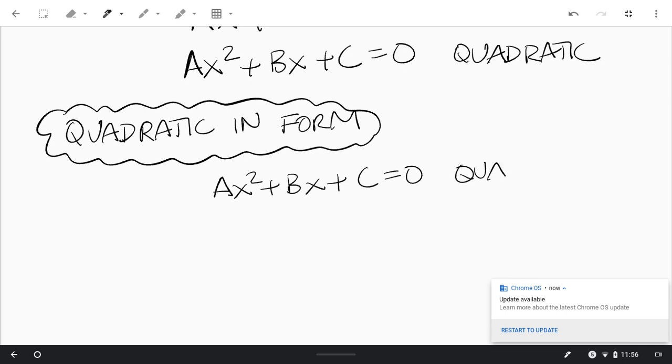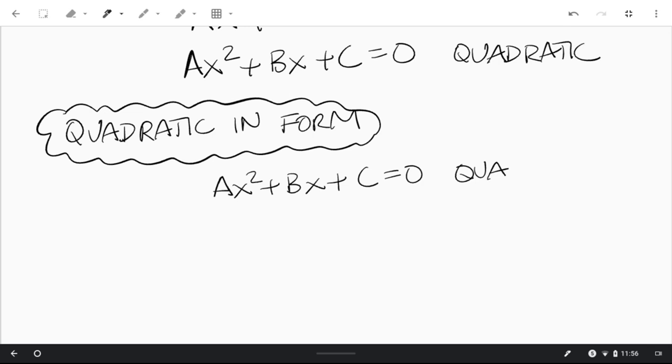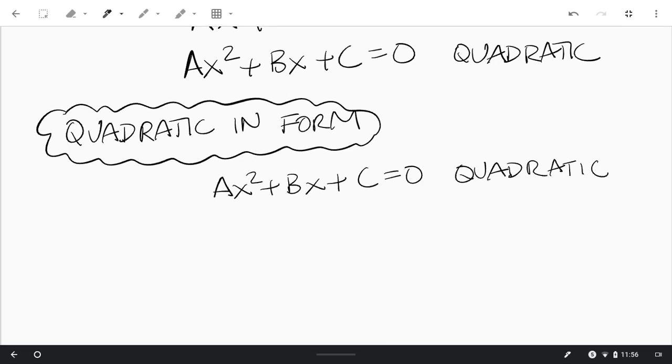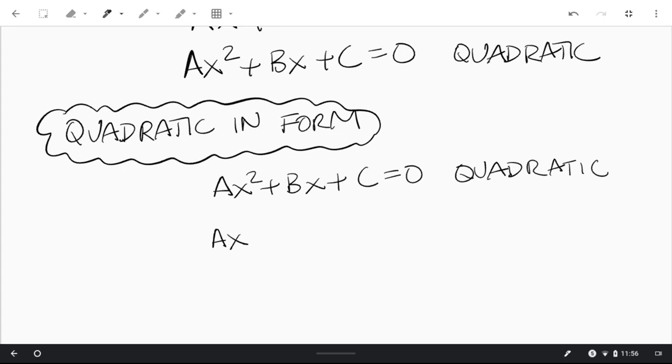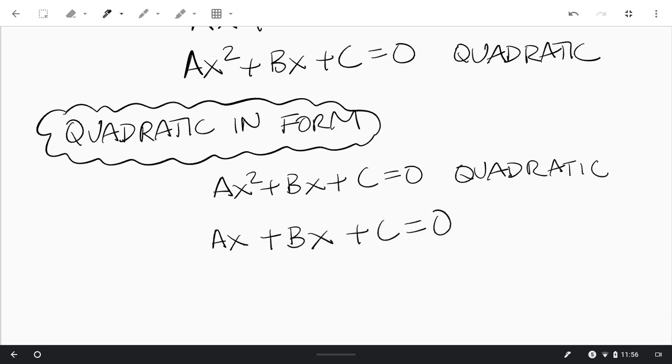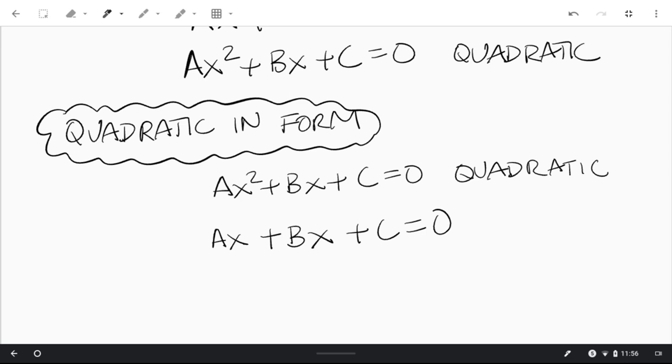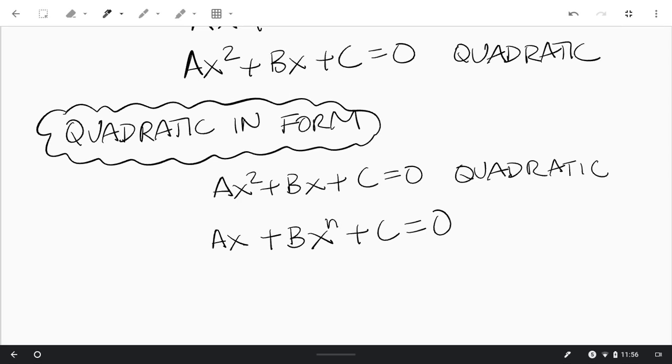So if a quadratic has this form, this is a quadratic. Okay, so if this is a quadratic, then for something that's quadratic in form, I'll show you in a second. Let me just put down almost identical. So what happens is this middle term, bx, the x has some sort of an exponent.